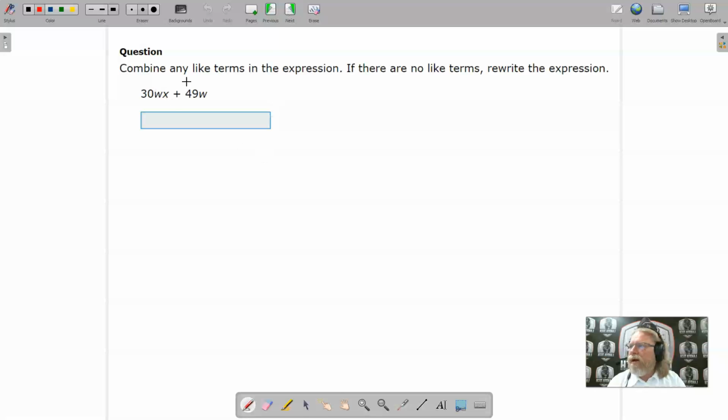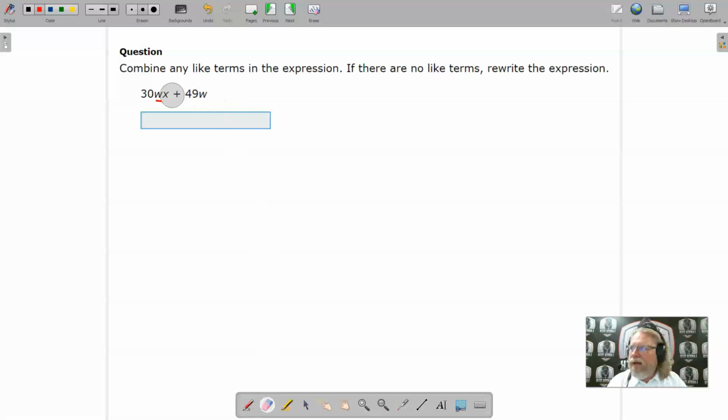On the next one, combine any like terms in the expression. If there are no like terms, rewrite the expression. So 30WX plus 49W. One is in terms of WX, one is in terms of W. Are these like terms? Hopefully you understand that they are not. They both have a W in them, but they don't both have an X. In order for these to be like terms, we would have to have an X right here.